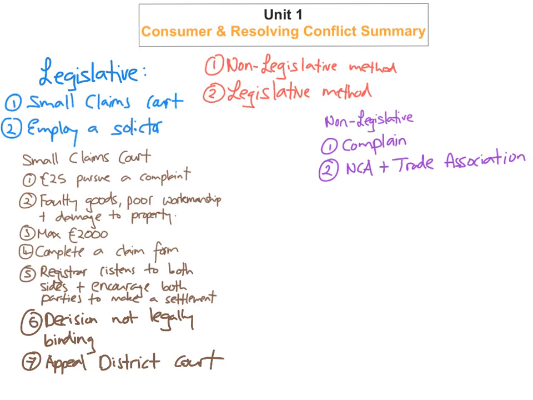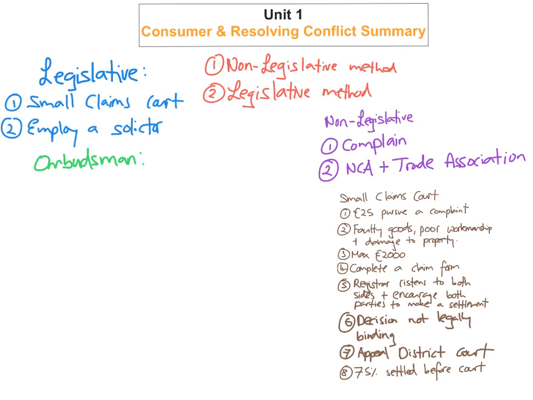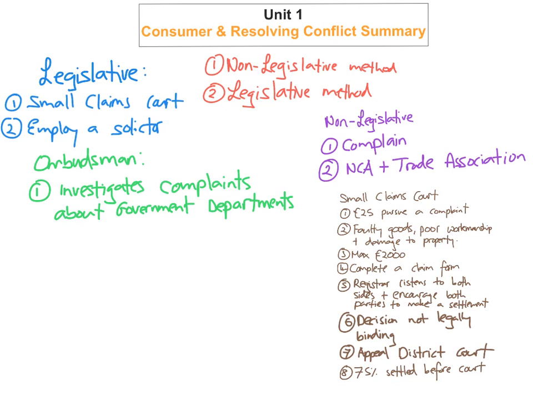Okay, the next thing we're going to look at is the Ombudsman for the public. And the Ombudsman is the person that investigates complaints from consumers about the government. So if you have a complaint about the government, maybe some department in the government, maybe like the HSE, or any local authorities, it will be the Ombudsman that will investigate it.